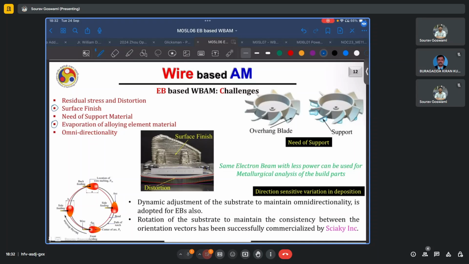Another problem is the problem of omnidirectionality, which we also looked at while discussing TIG-based AM processes, where depending on the type of feeding and depending on the traversal of the deposition head in conjunction with the feeding apparatus, the type of feeding may change from front feeding to side feeding to back feeding and so on, leading to anisotropy in the material properties.